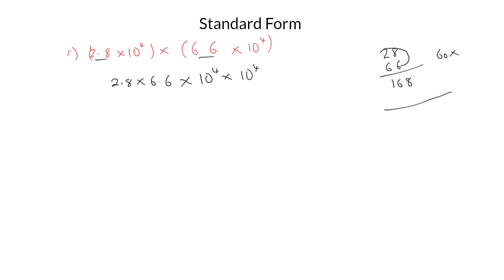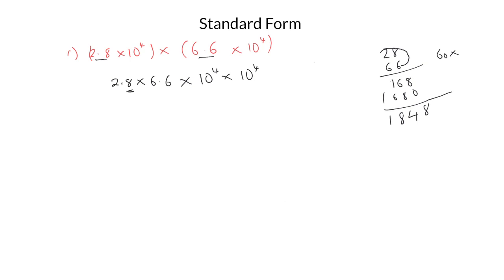And if we add all of that together, we're going to have 1848. Now, how many numbers do we have after the decimal point?